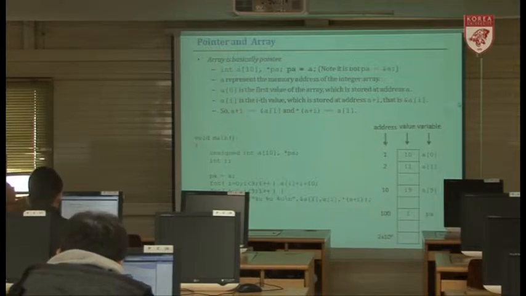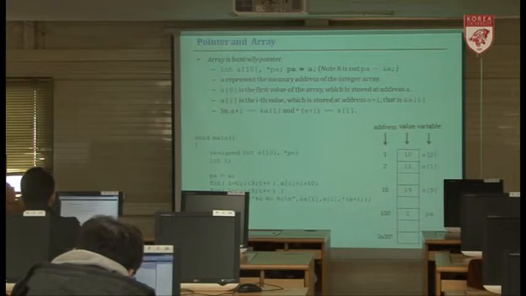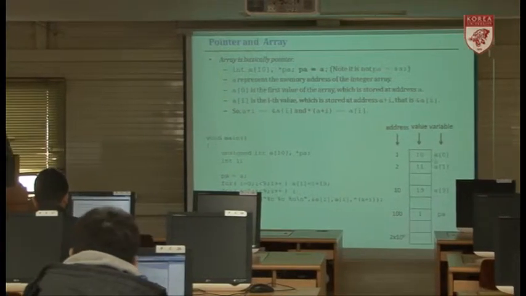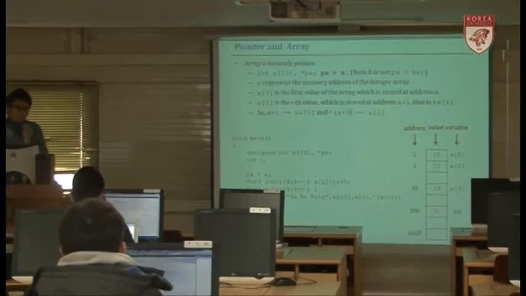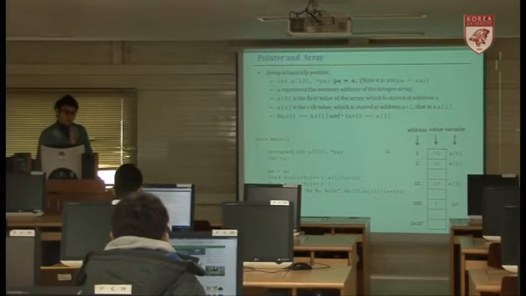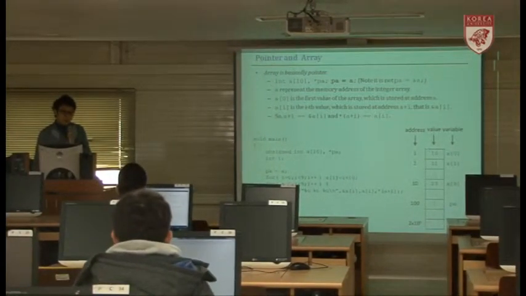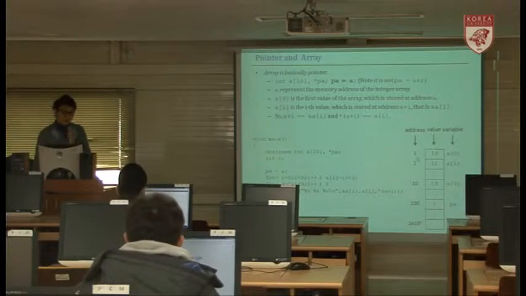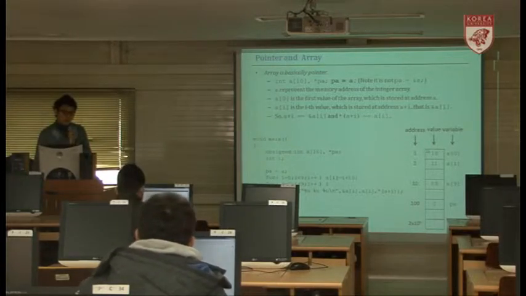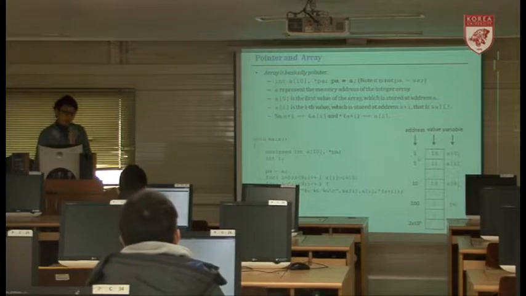But basically, when we think about A itself, what is the meaning of A? This A basically represents the memory address of the whole array, which is the starting point of the array. That is 1.